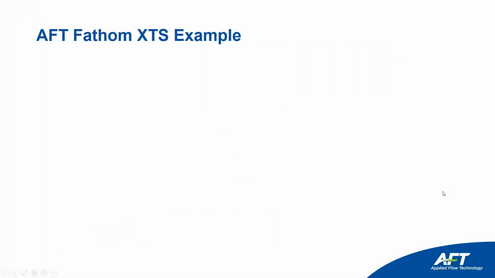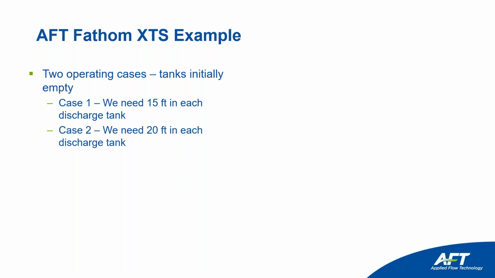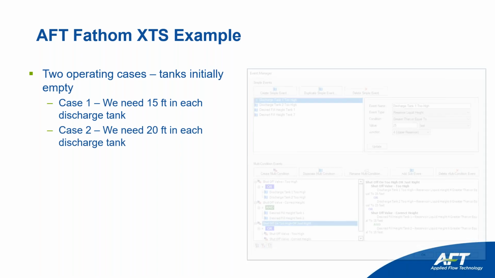So here's what I'm going to do. We have two operating cases where both tanks are initially empty, and in case one, we need to get each tank's liquid height up to 15 feet in the discharge tanks. In case two, we need 20 feet.